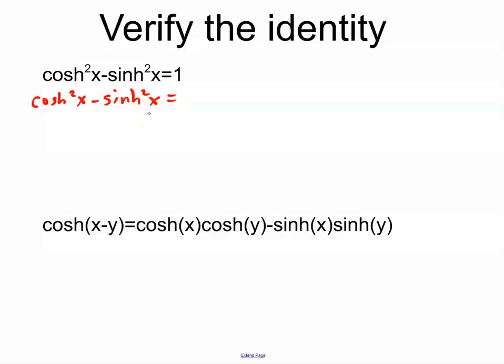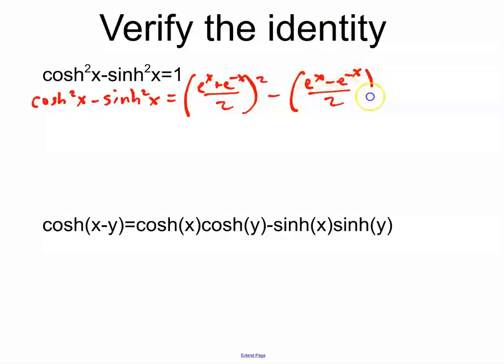With hyperbolic sine and hyperbolic cosine, the only things I know are that hyperbolic cosine is equal to e to the x plus e to the negative x over 2, and hyperbolic sine is e to the x minus e to the negative x over 2. So apparently if I simplify this down, it's supposed to just equal 1. So let's go ahead and do that.